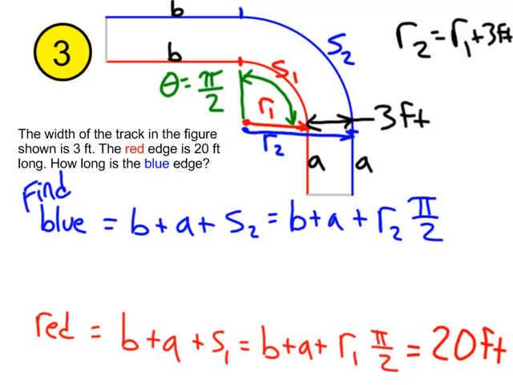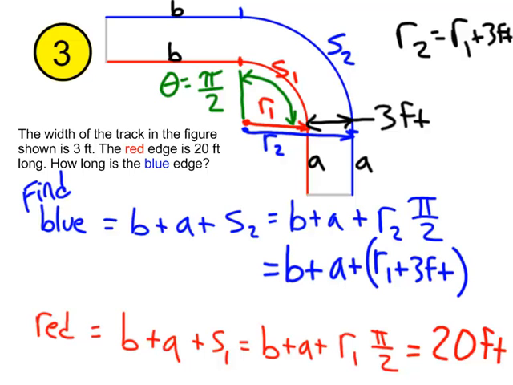Let's substitute that into our original equation, or to our blue expression. That means that the blue track is B plus A plus R1 plus 3 feet times pi over 2. Let me clear a little more space for myself here.